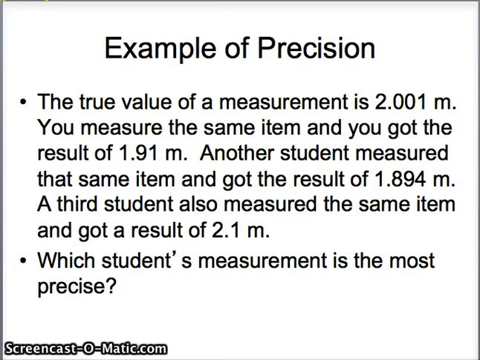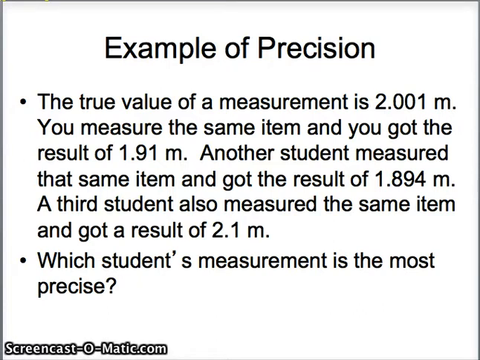Now in the same example, except you have a third student measuring the same item and getting 2.1 meters. Now, which of these students is more precise? Remember, the previous question was accuracy. This is now precision. Take a moment, think about it, take a pause, see what happens.